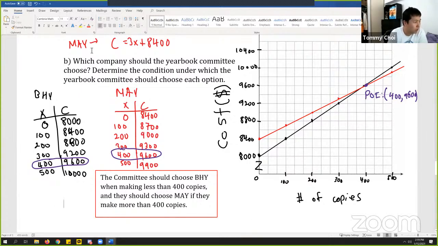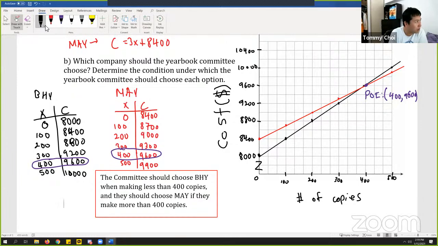Oh, there's one thing I forgot to do on the graph, which is to label it. Always label your graph. So this is BHY, and this is MAY. So can you clearly see BHY is cheaper when you have less than 400 copies, and MAY is cheaper when you have more than 400 copies.